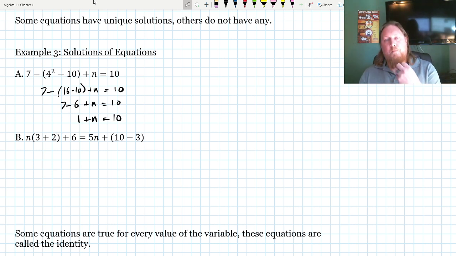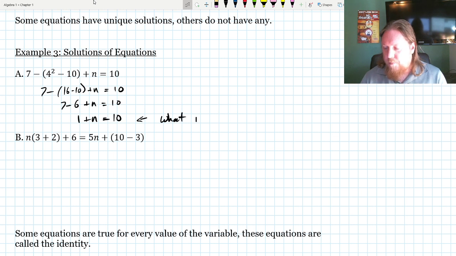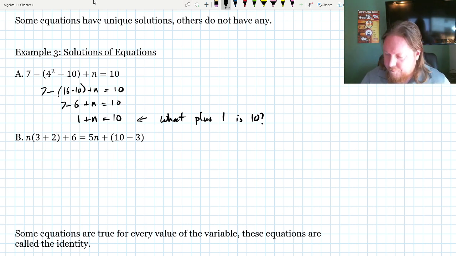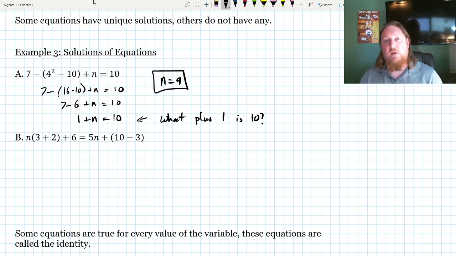Since we really haven't learned any operations on the equations yet, this statement here is really asking the question, what plus 1 is 10? And the answer to that is 9, of course. N equals 9. That is a unique solution to this equation.